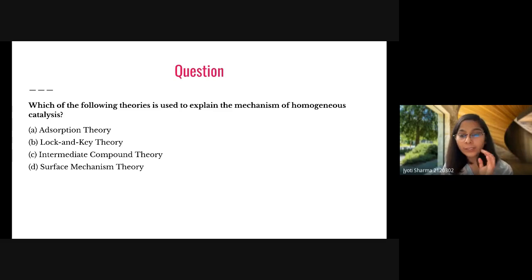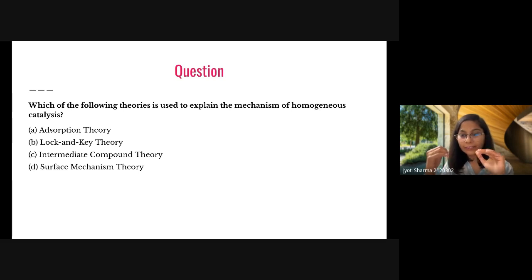Then lock and key theory. This theory is mostly for the enzymatic catalysis. It is something like your reactant has a shape just like the lock, and your catalyst has the shape like the key, and when they combine, it will make the complex, and then this will form the product.